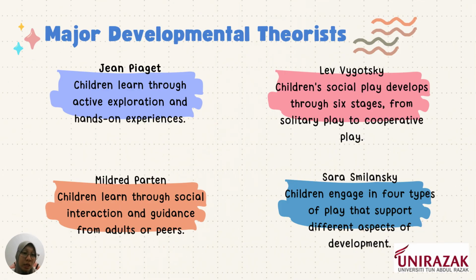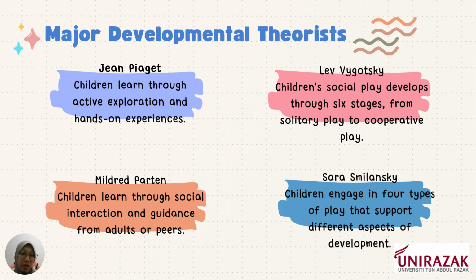Then we have Mildred Parten, who focused on the importance of social interaction. She also believed that children can learn effectively through guidance and interaction with adults and peers, which helps them develop crucial social skills.